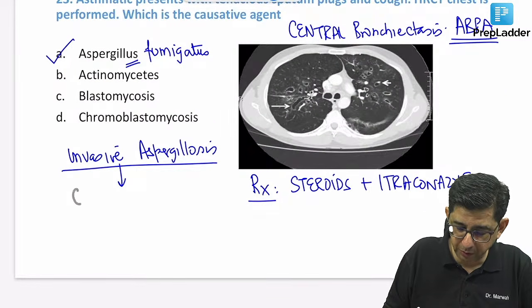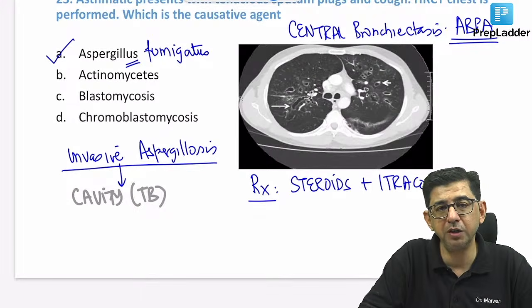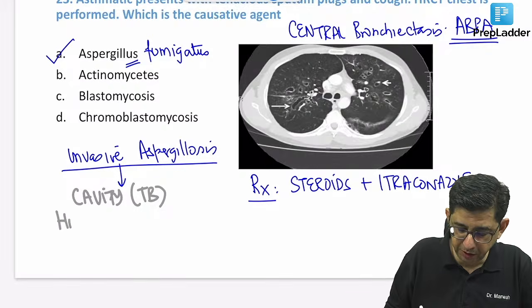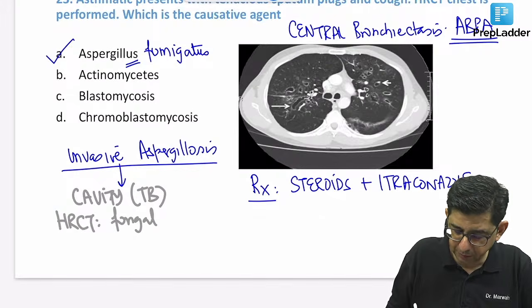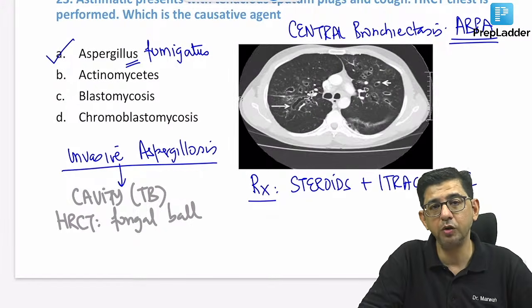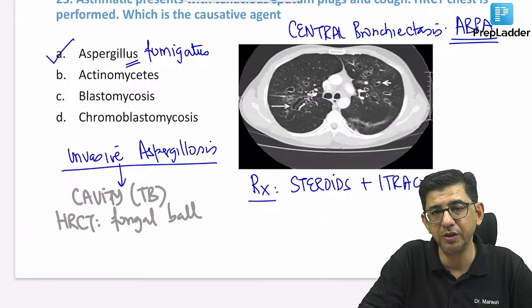Suppose we were having a question on a patient with a tubercular cavity, and then it mentioned that the HRCT chest of the patient shows a cavity with a fungal ball. Like he says, fungal ball in a cavity caused by tuberculosis. You know, Aspergillus can be angioinvasive, especially Aspergillus niger.